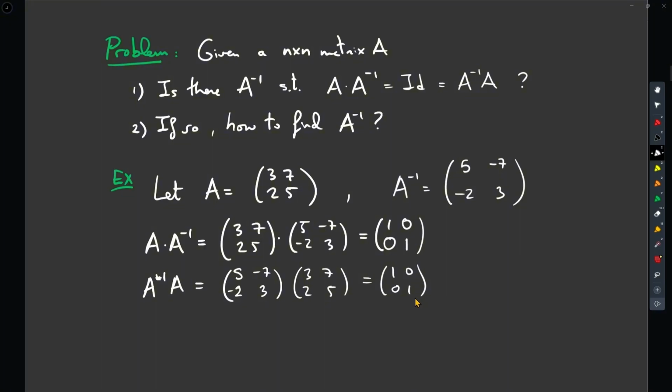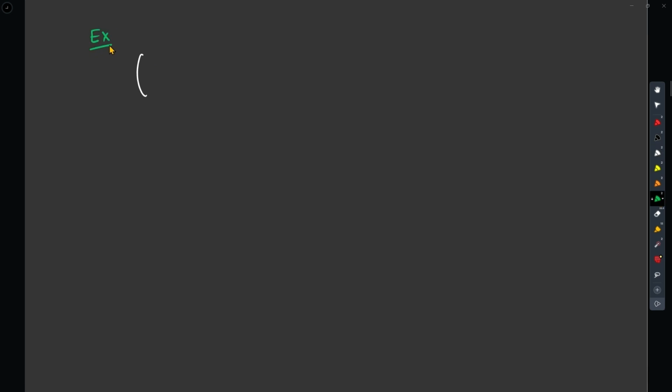So how do I find these inverse matrices? Let me show you how we are going to find it. Let me give you an example. I'm going to try to find the inverse matrix for 1, 0, 1, 1. The inverse matrix will be some other square matrix, A, B, C, D, such that when I multiply them together, I get the identity matrix.